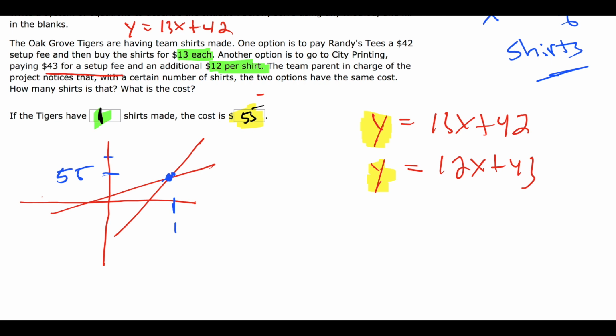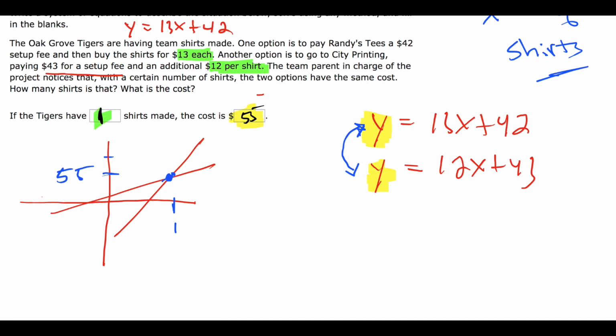Does that mean that both lines for sure have that point in common? Yeah, they have exactly one coordinate in common. So I'm going to say that these two values are the same. That's what I want.